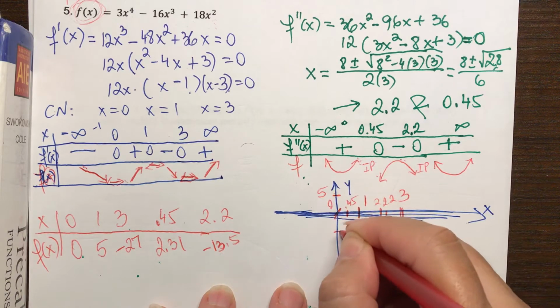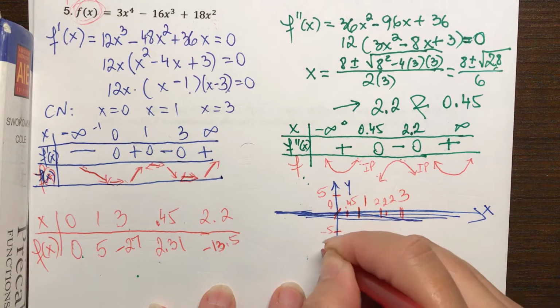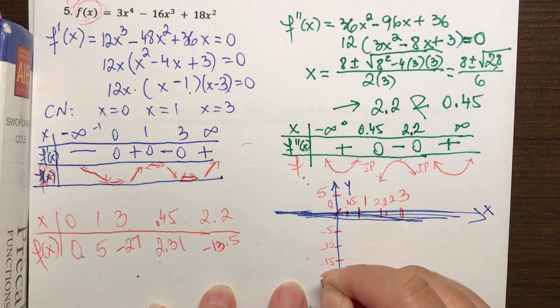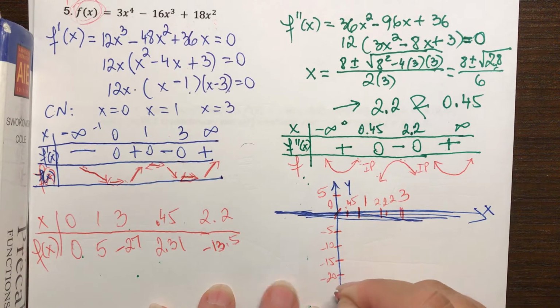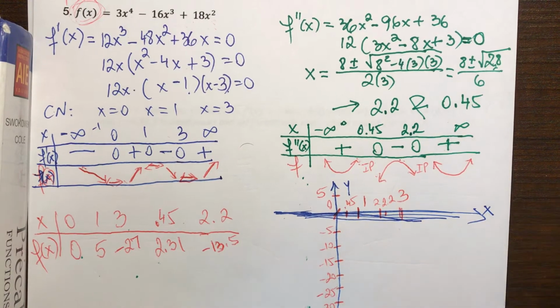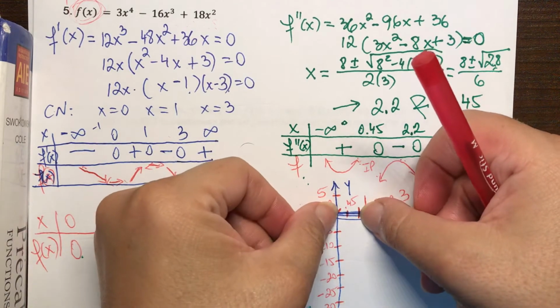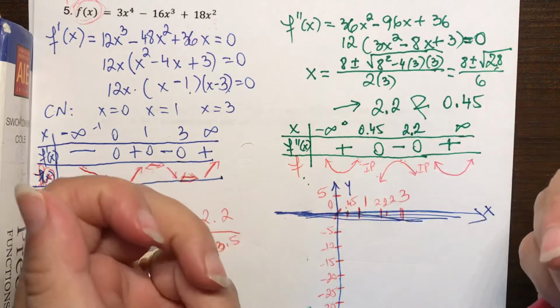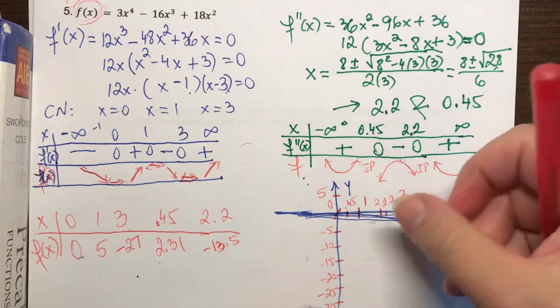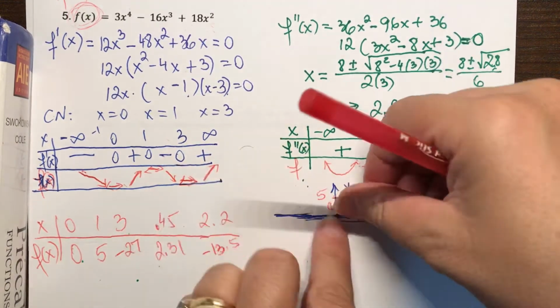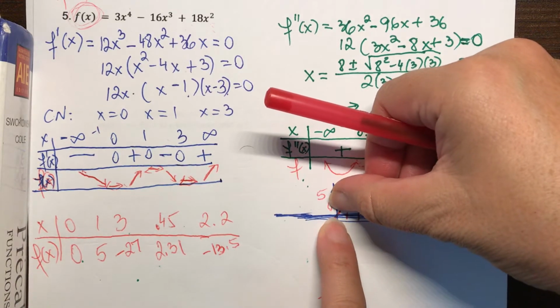And remember what I said, that the units you're using for the y-axis could be different than the units you're using for the x-axis. So this is a 1 on the x-axis, whereas a 1 on the y-axis only is about this tiny.